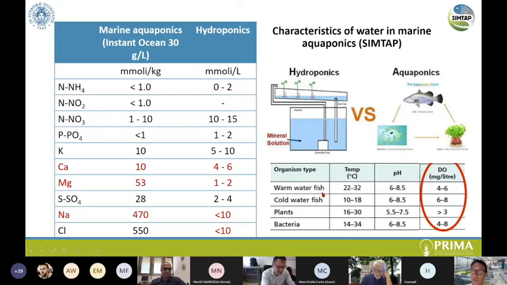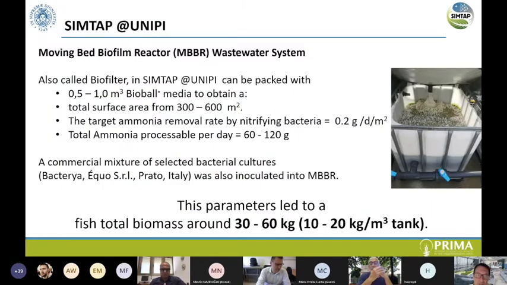And so we have to face all the requirements of different organisms, such as plants, bacteria, fish, and worms, and other bivalves, such as mussels or clams or oysters. That is a very, very difficult task, because all the units must be well balanced in the system.